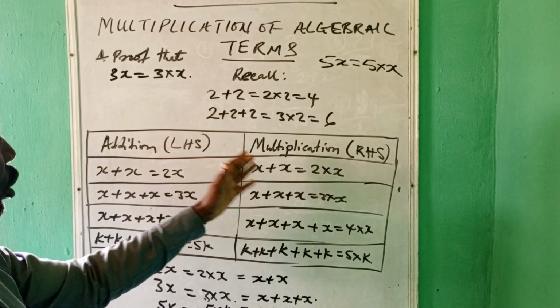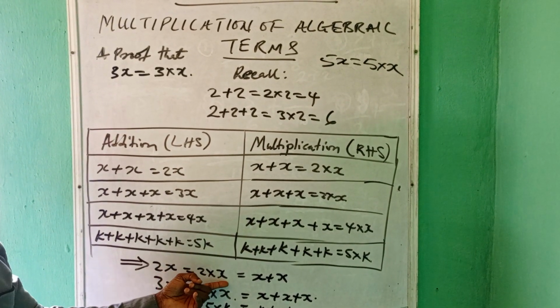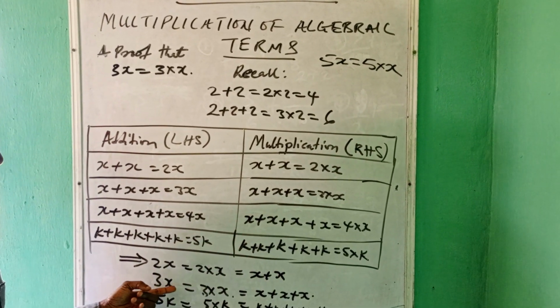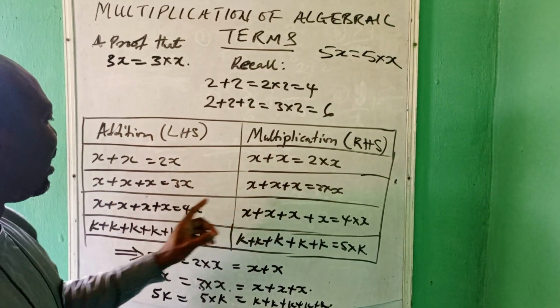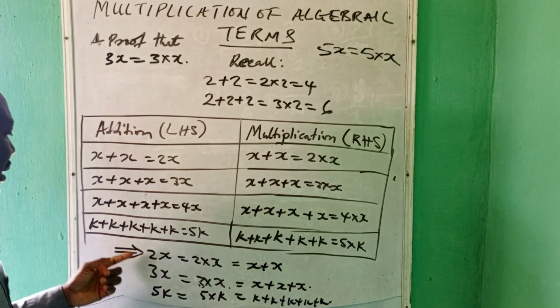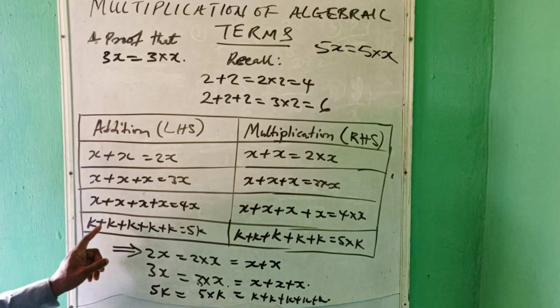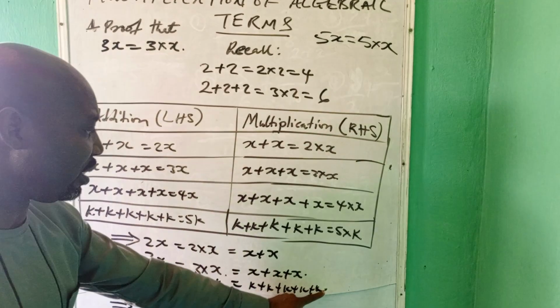So if you compare these two relationships, you will deduce that 2x is equal to 2 times x, which is equal to x plus x. This 3x is equal to 3 times x, and it's equal to x plus x plus x. And 5k is equal to 5 times k, and it's equal to k plus k plus k, five times.